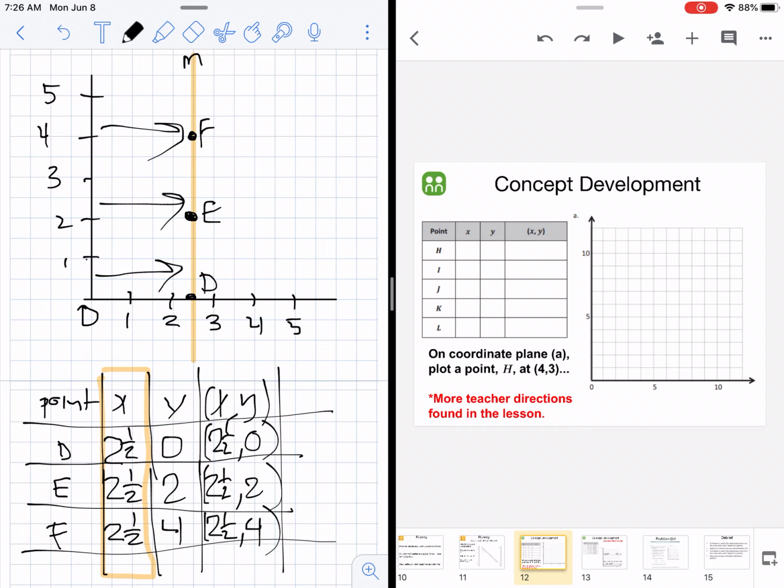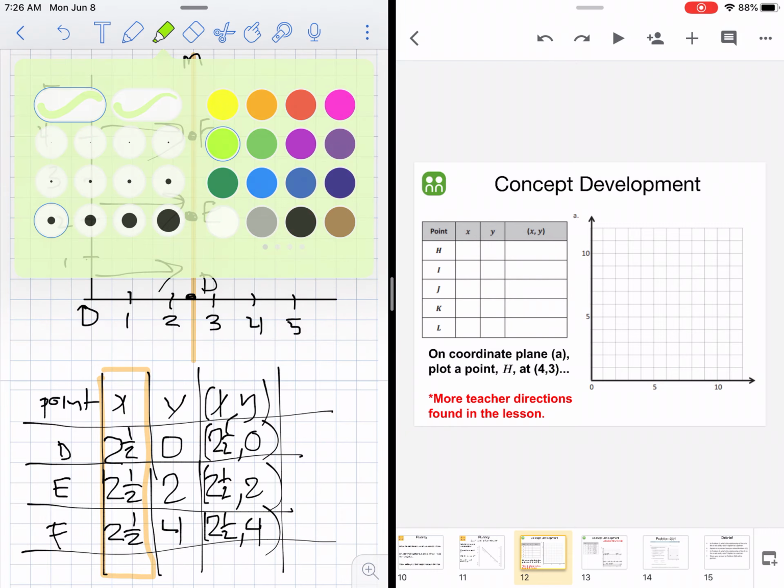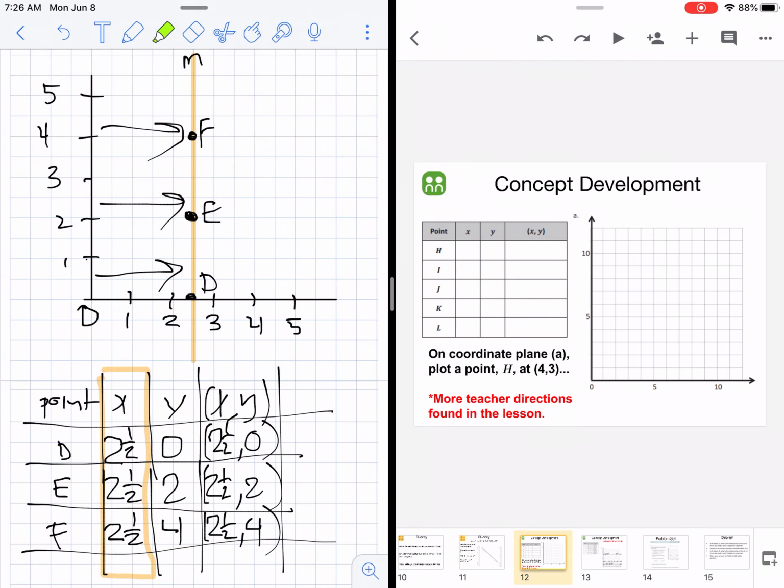Okay, we're going to make another vertical line. I'm going to make this a different color. Let's do green today. And we're going to make it go through 4.